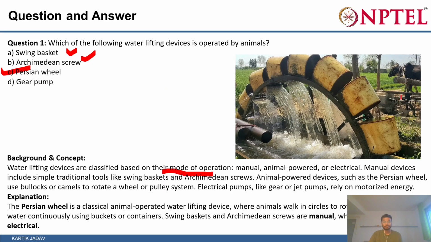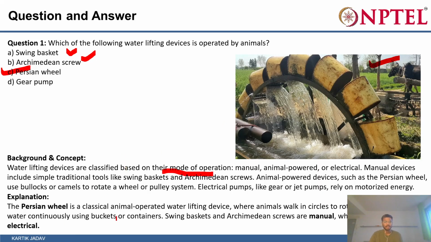You can see this bullock rotating around it, and it is a mechanism where the wheel continuously rotates and delivers water from lower head to higher head.